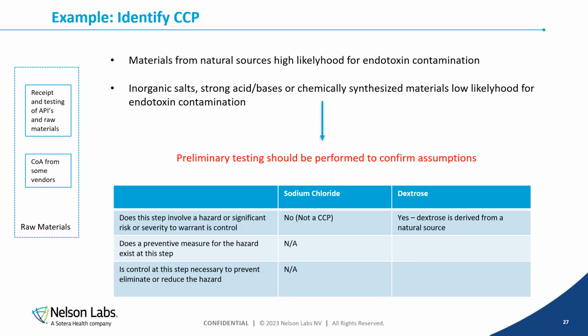On the other hand, inorganic salts or chemicals or strong acids and bases normally do not contain a lot of endotoxins. Those are the first assumptions that you can make in this risk assessment to answer the questions from the decision tree. Of course, those are assumptions, and you really need to test this before you start your risk assessment, but that gives you a good baseline.